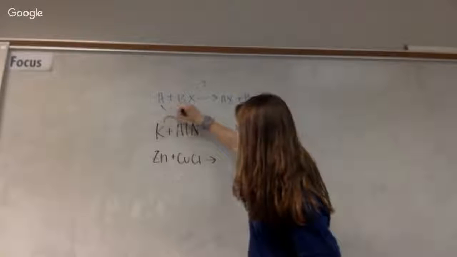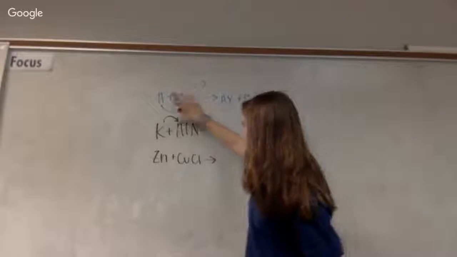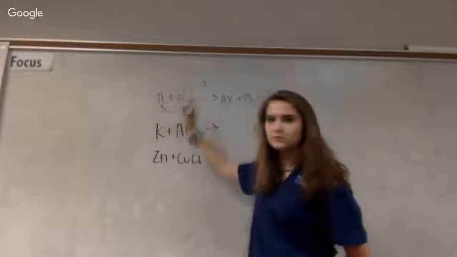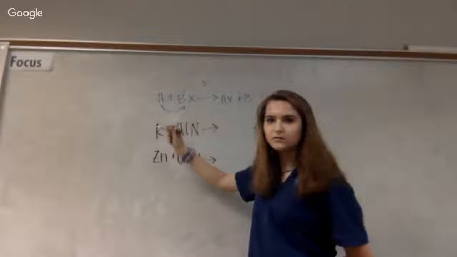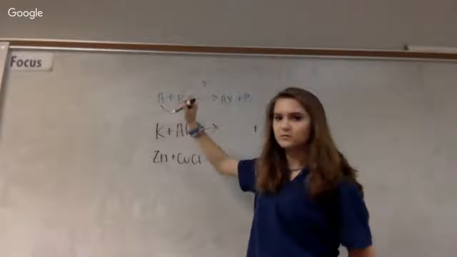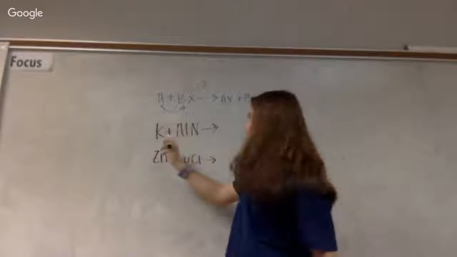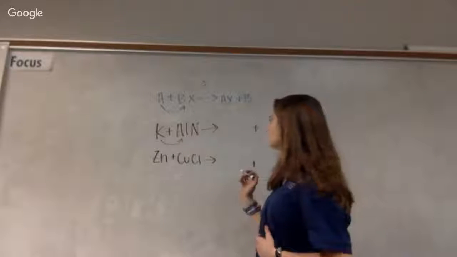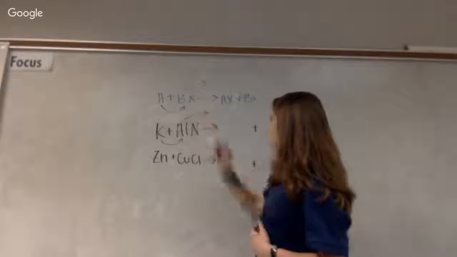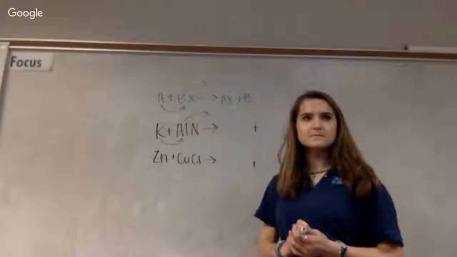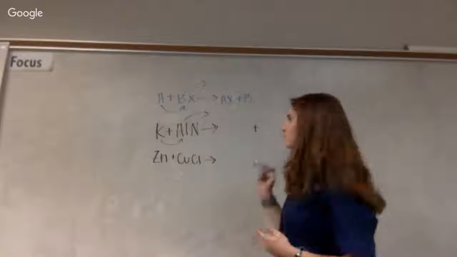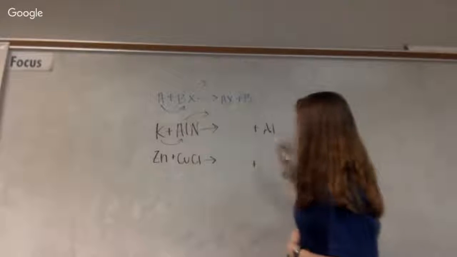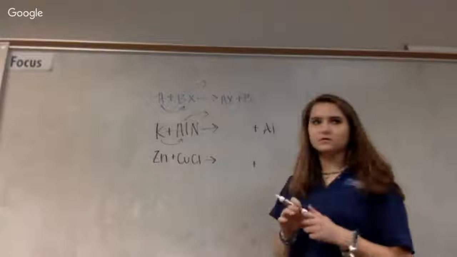So underneath, swing the K in there and have the Al get knocked out. Just repeat exactly what you saw on the top there. So the K comes in on the bottom, knocks out the Al, and the Al gets kicked off. So on the product side, can you write the Al after the plus sign? Just write Al sitting there. So the Al gets kicked off. That means the K is going to hook up with the N.